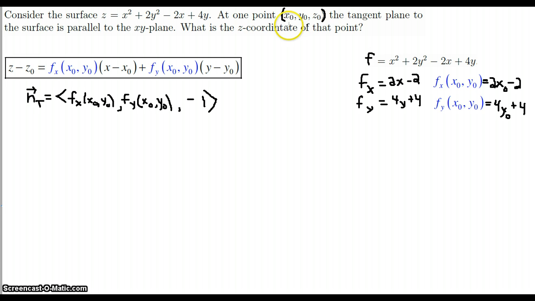Now, we're in search of the point where the tangent plane is parallel to the xy plane. The normal vector for the xy plane is anything that has 0 as the x coordinate or i component, 0 as the j component, and 1, or any constant, in the k component.